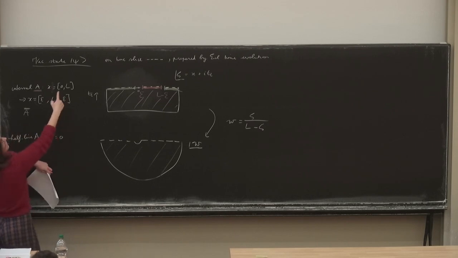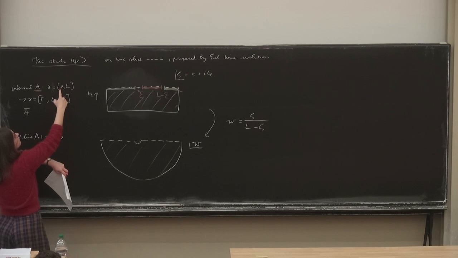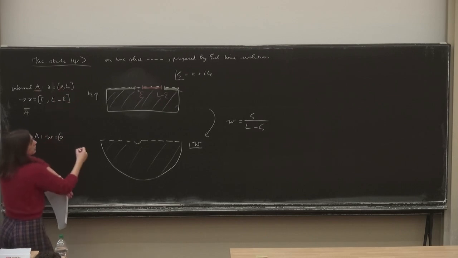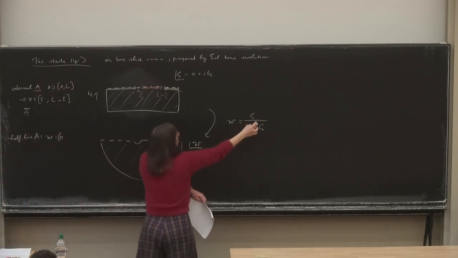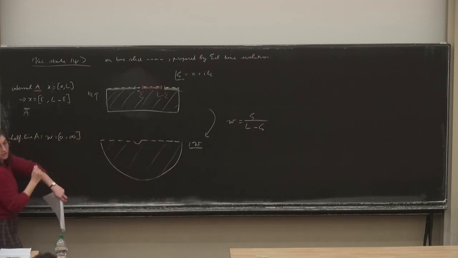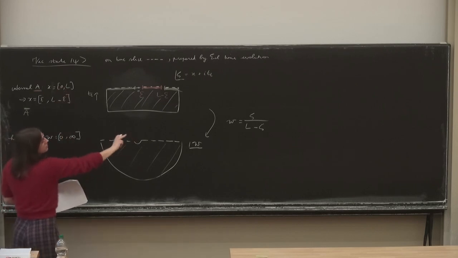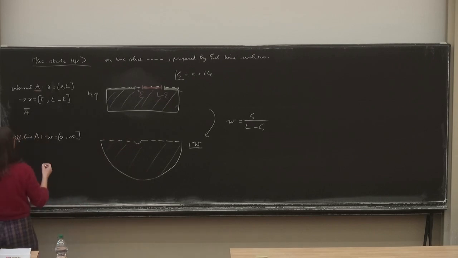Before we introduced the cutoff, the interval 0 to L is now mapped from 0 to infinity. As in 0 is mapped to 0, L is mapped to infinity by that map, zeta to W.